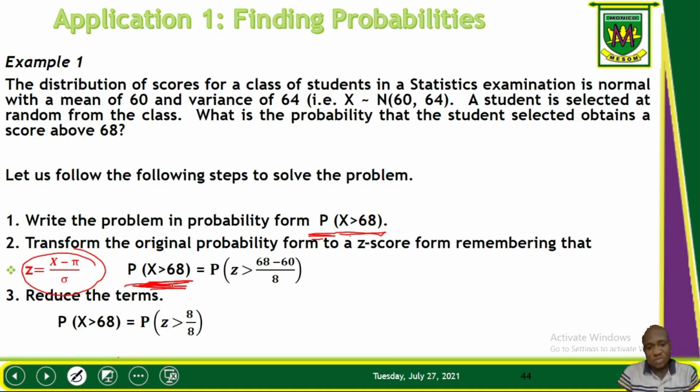When we substitute this into the formula, we have our x here, that is the score which we are saying the person's score is likely to be more than. That is 68, the score in the question. And our mean is 60 in the question. Now we don't have the standard deviation in the question.